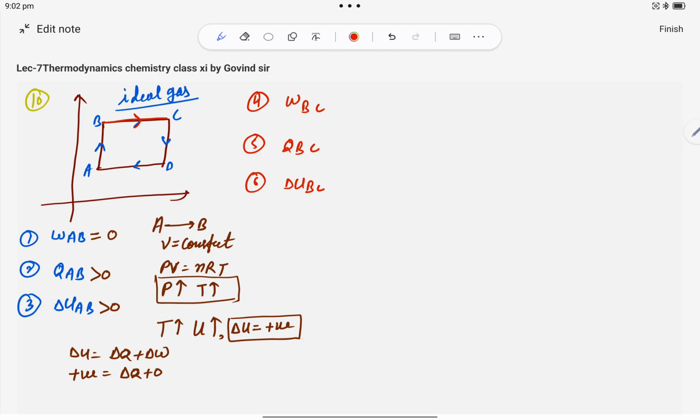Gas expanded, that means B to C, gas expanded. So W is equal to what? Minus P external delta V, and delta V is what? Positive. So work will be negative. Negative means less than 0.